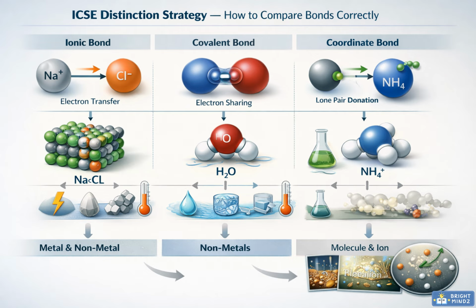Coordinate means one atom donates a lone pair to another, as in the ammonium ion. For reasoning questions, always connect structure to movement. Molten ionic compounds conduct because ions are free to move. Covalent molecules usually do not, because they lack mobile ions.